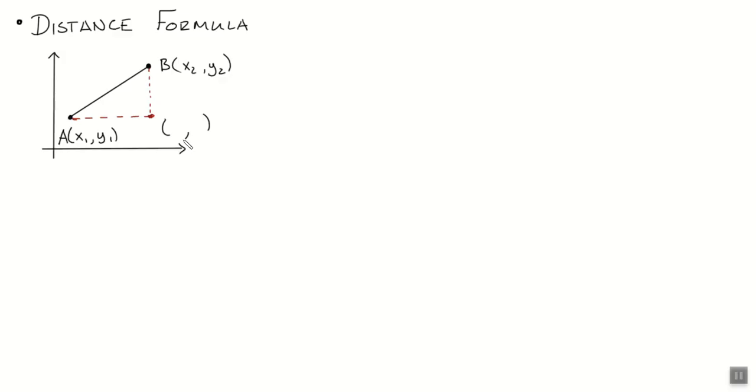If I'm here and I drop straight down, am I still at x2, whatever it was? So what x value should this ordered pair have? x2 and y1. For the same thing, I'm at y1 anywhere along this horizontal line, same y value.